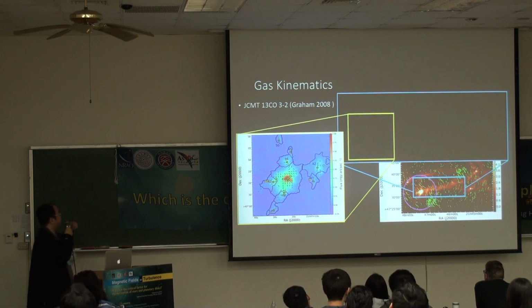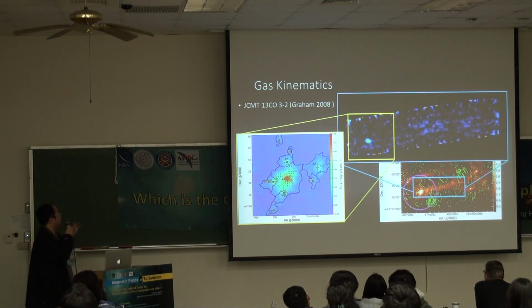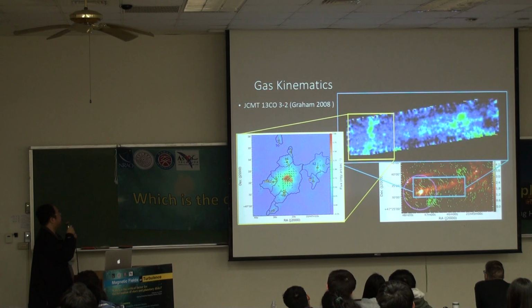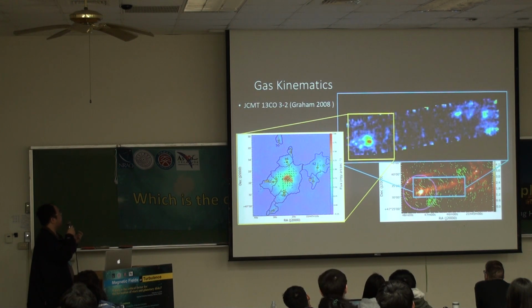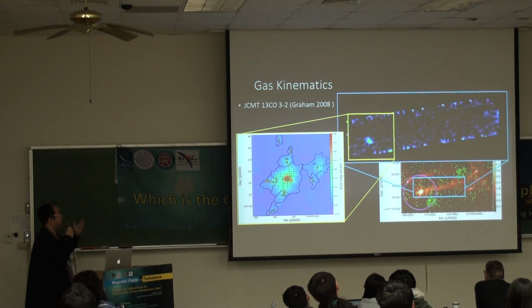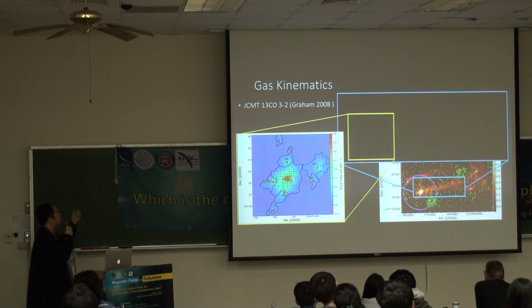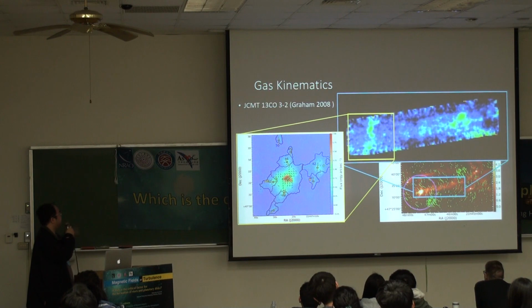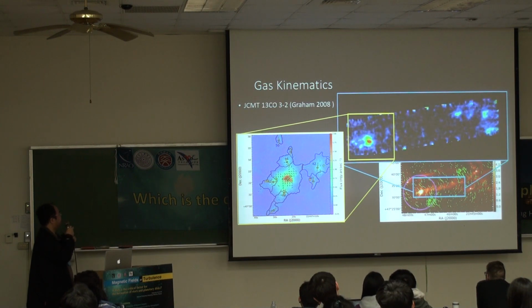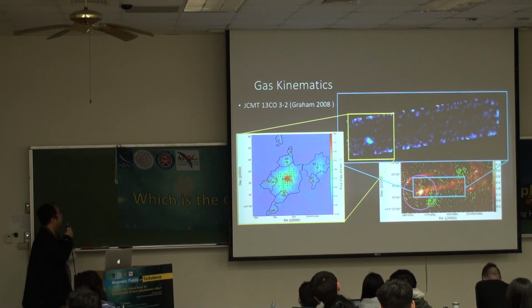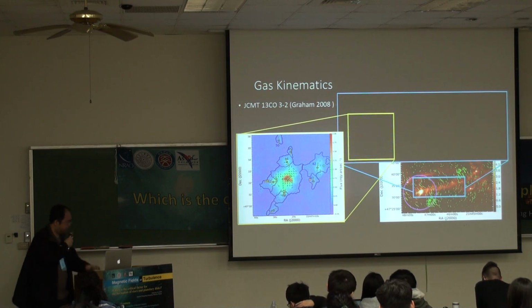And in the observed hub-filament structure, it is globally convergent to the filament, but it is more complicated because there are already some clumps formed even in the filaments. So it is more likely a collective collapsing of the filament.